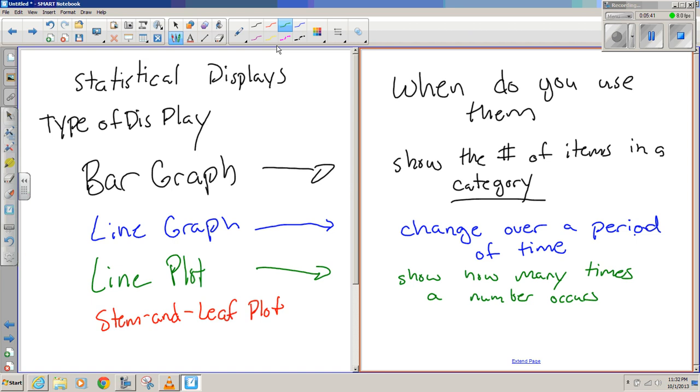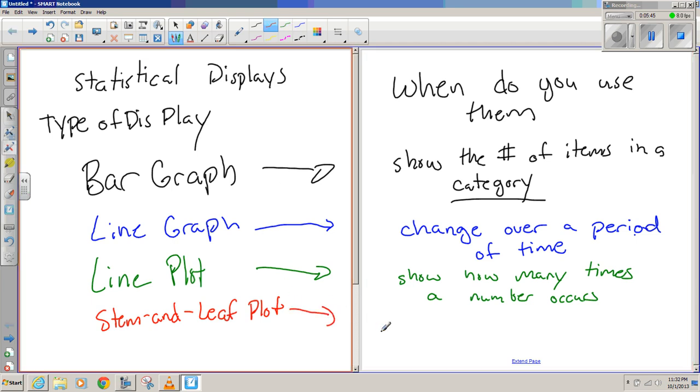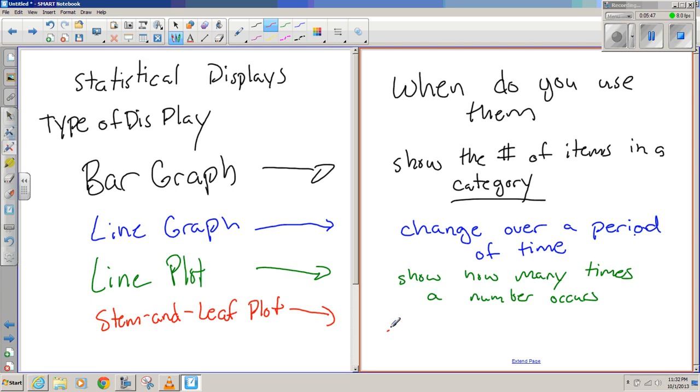A stem and leaf plot, basically you're going to use just to condense a list of numerical data.